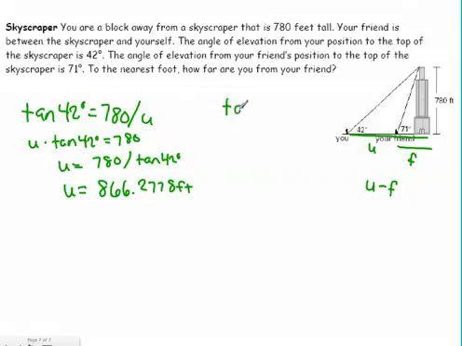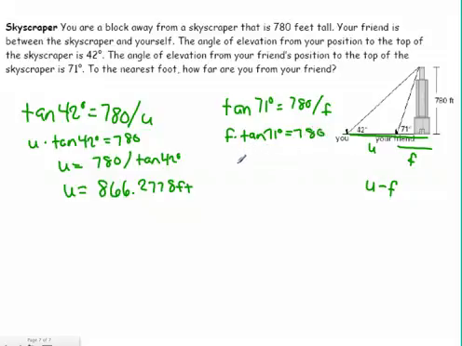Secondly, we'll find the length between your friend and the skyscraper. So we'll use the tangent of 71 degrees this time to equal 780 over f. That's the distance from your friend to the skyscraper, this distance right here. Multiply both sides by f, so that's f times the tangent of 71 degrees equals 780.